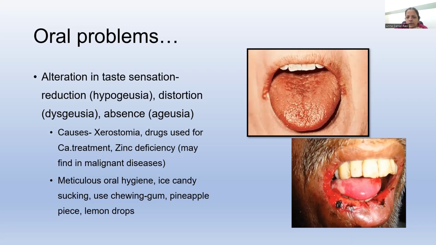Make ice candies at home, maybe with some juice, lemon juice or pineapple juice, and they can suck them, so that will help in such conditions. Chewing gum also will help. A piece of pineapple can also help with fungal ulcers, fungal infection, and it will also increase salivation.